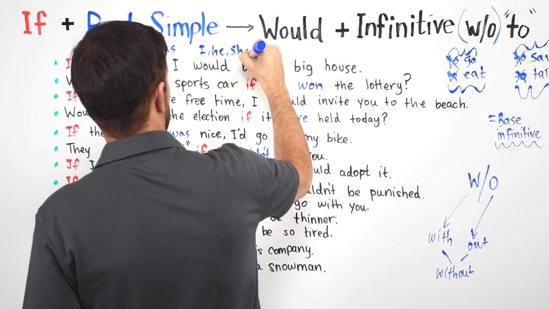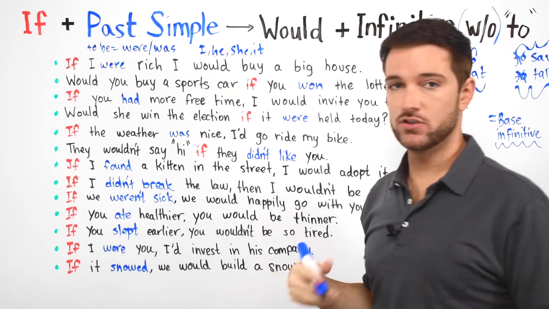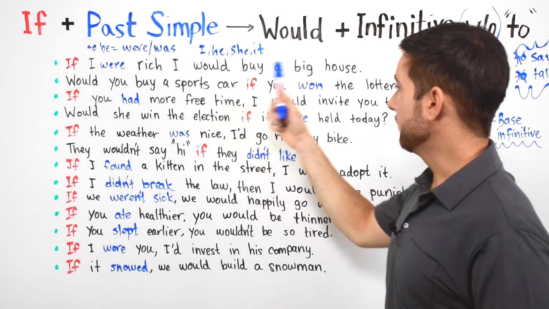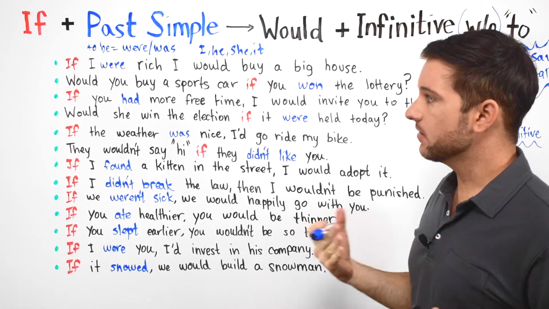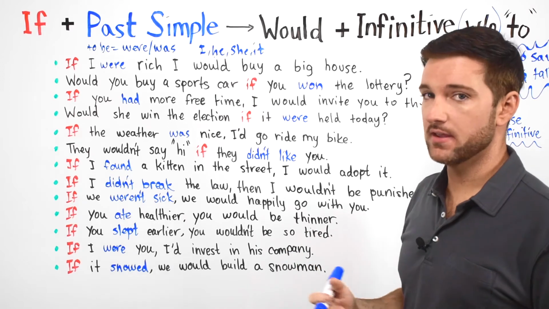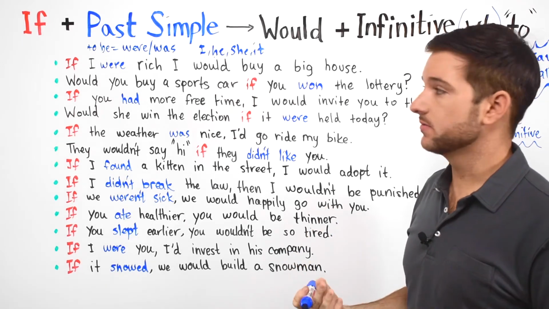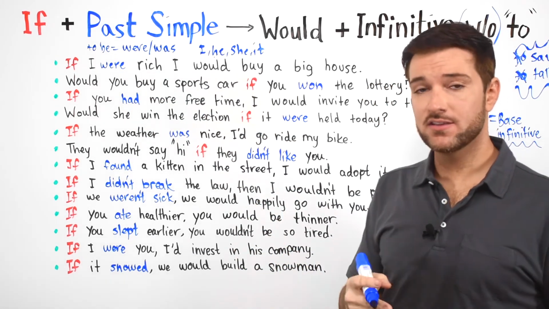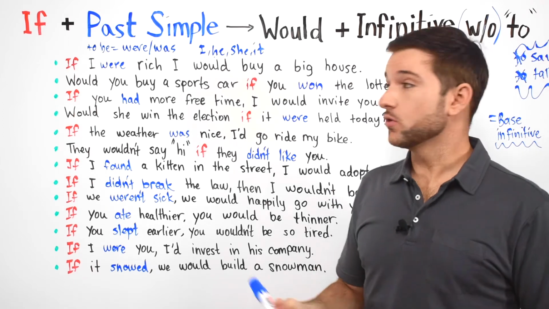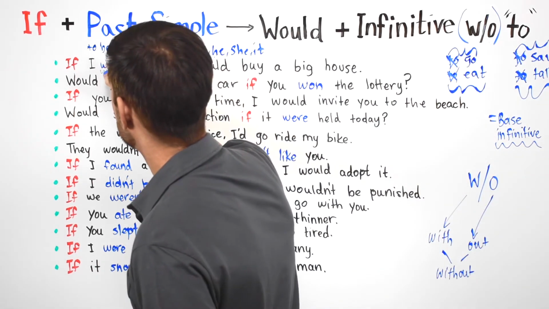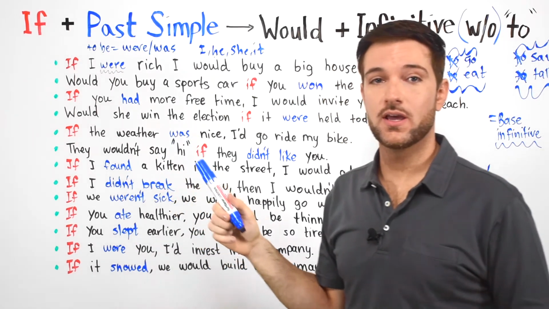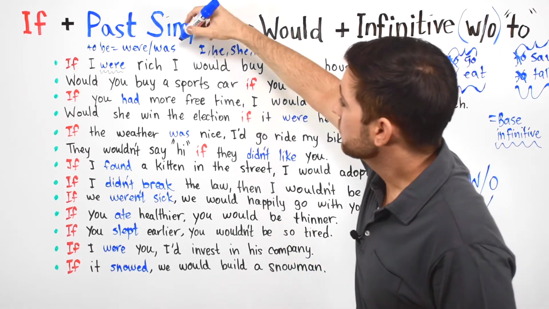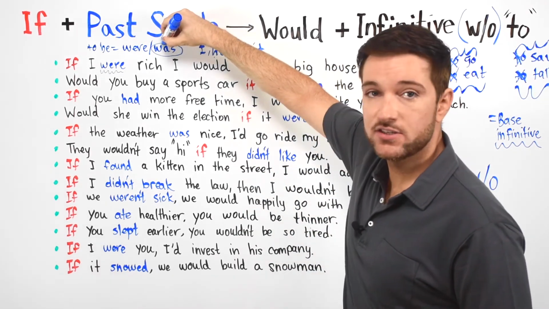So you can say, for example, if I was rich, I would buy a big house. You'll hear Americans say that, you'll hear people say that. If I was rich, I would buy a big house. But you can also say, if I were rich, I would buy a big house. In English, we generally use the word were for an unreal condition, whereas we use was if the condition is real.